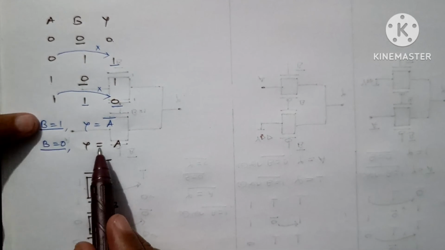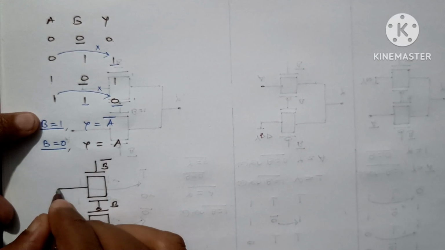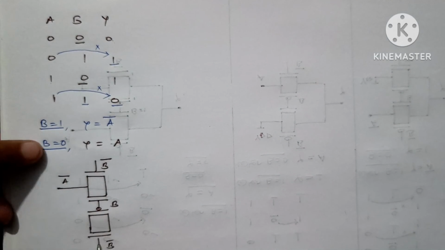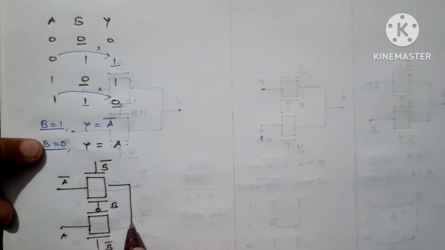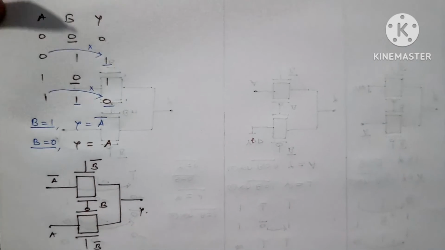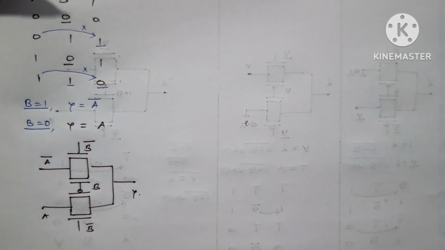First case, when B is 1, it is connected with A bar, and when B is 0, it is connected with A, and this is the output Y. So this is our XOR gate using the transmission gate.